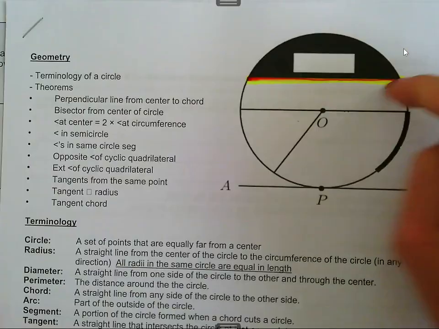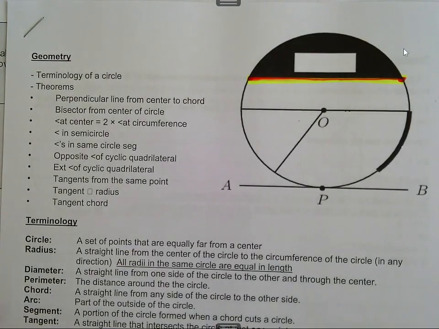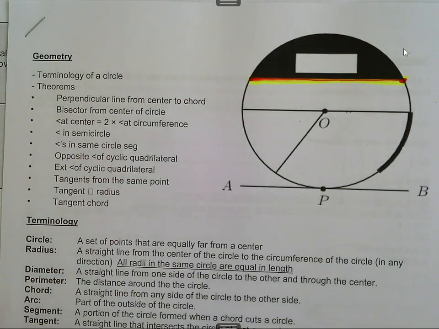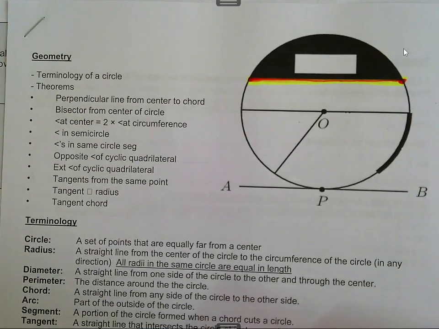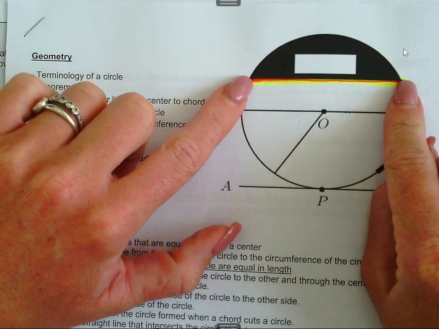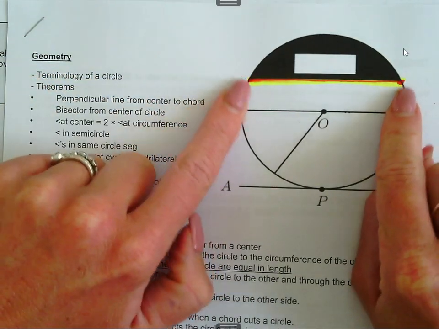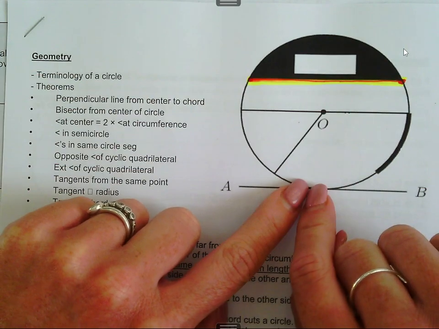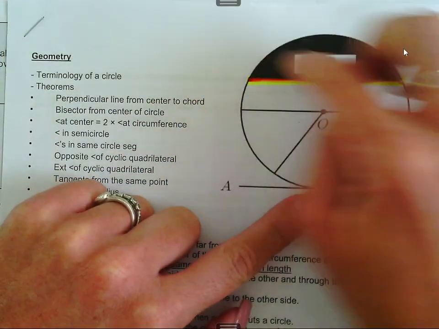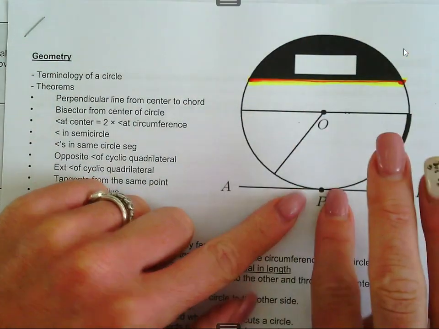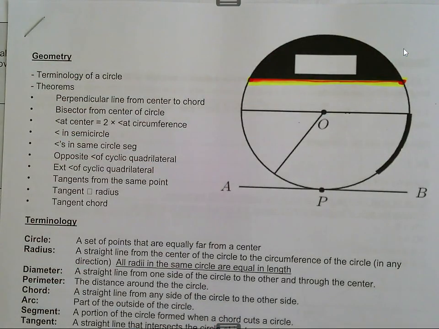That black part is the one segment and the bottom white part is the other segment. Okay, so that's important because we are going to learn about angles that are subtended, we'll talk about subtend in a minute, by a chord in a specific segment. So when I refer to it as an opposite segment from a line here, it would be this side. It's an important part to know.